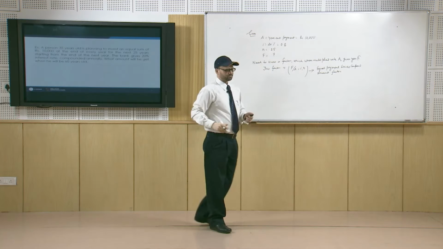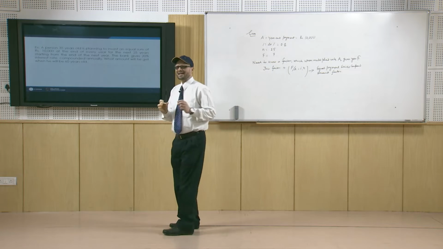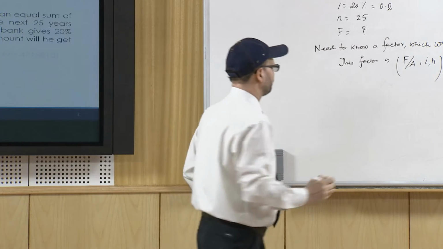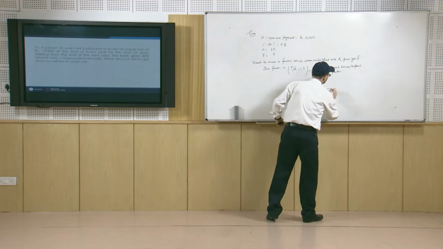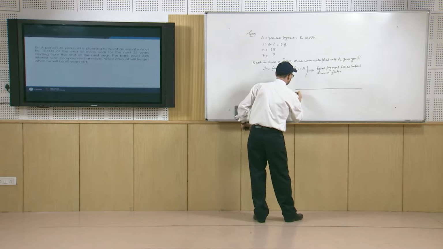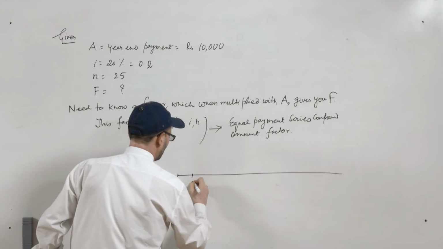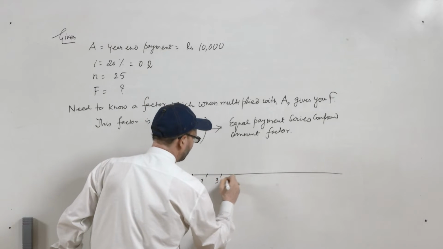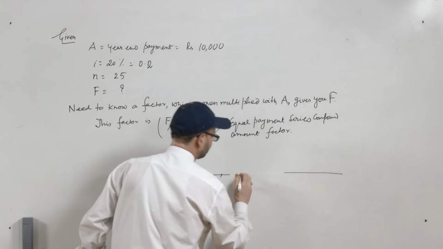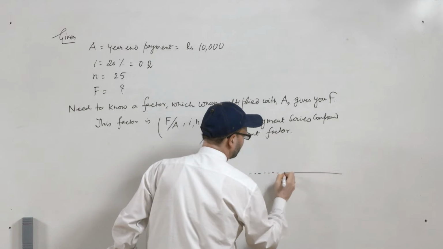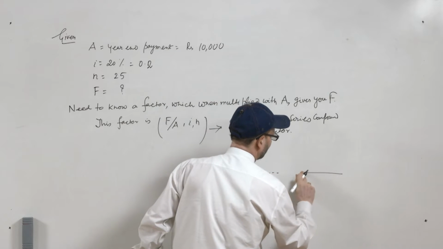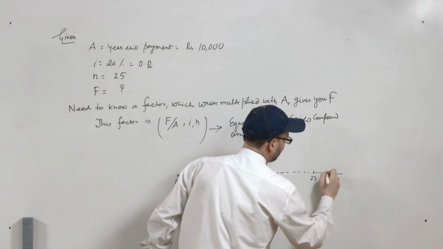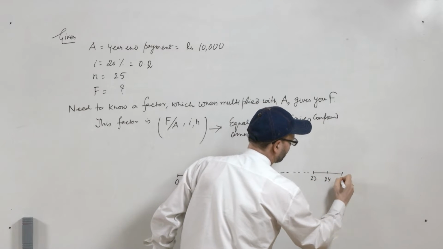First of all, as we discussed, we will try to draw the cash flow diagram. The cash flow diagram will look like this. It starts from 0, 1, 2, 3 and it moves on to 23, 24 and 25.